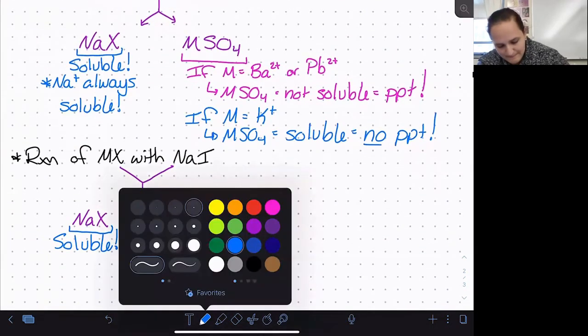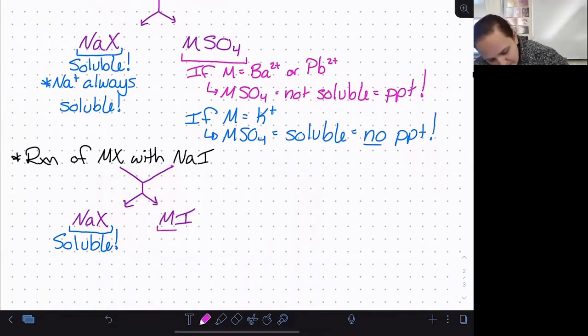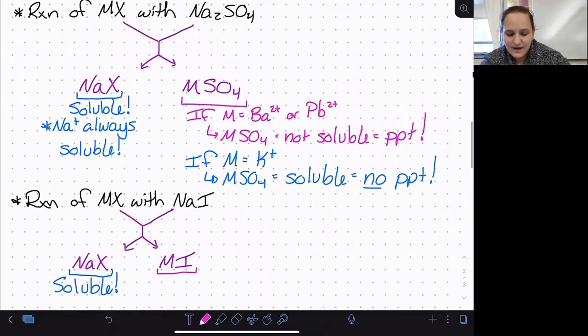But this may be soluble or might not be soluble, depending upon the identity of our cation.